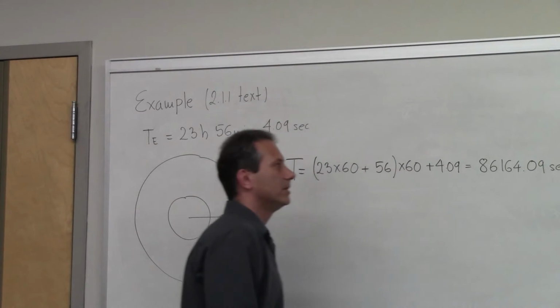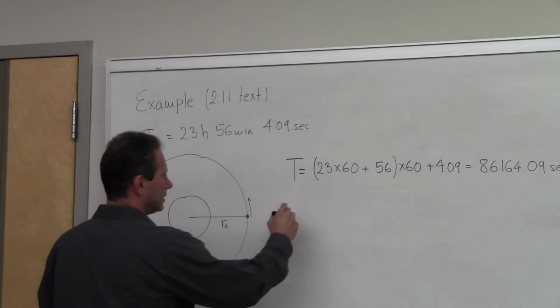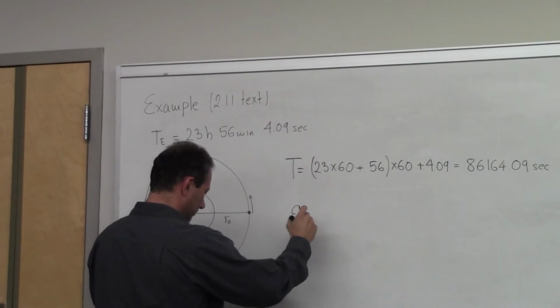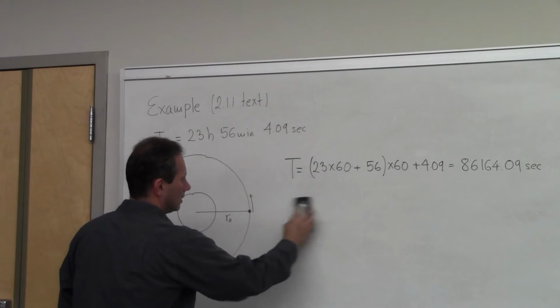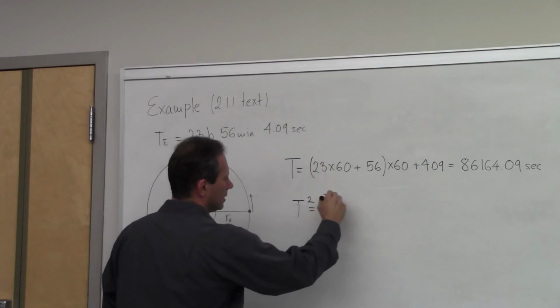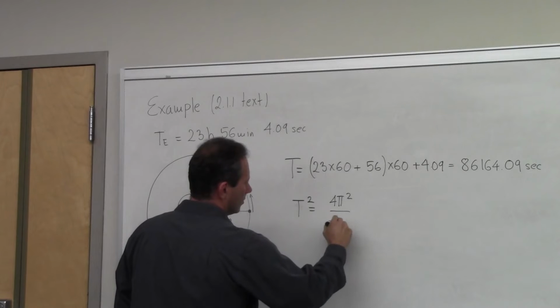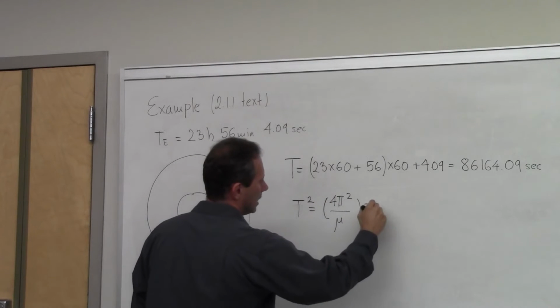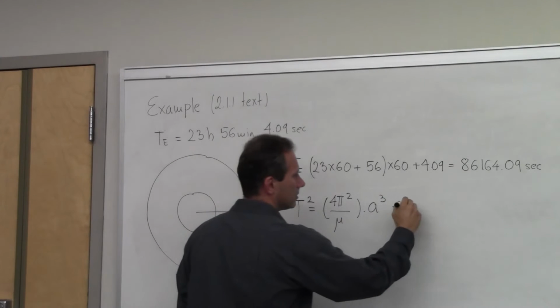This is exactly the period of the Earth rotation. And let me go back to Kepler's law that says that T squared is equal to 4 pi squared over mu times A cubed, right? That's Kepler's third law.